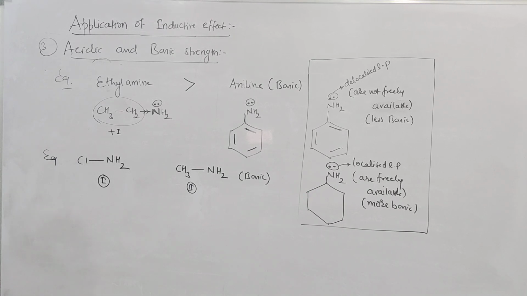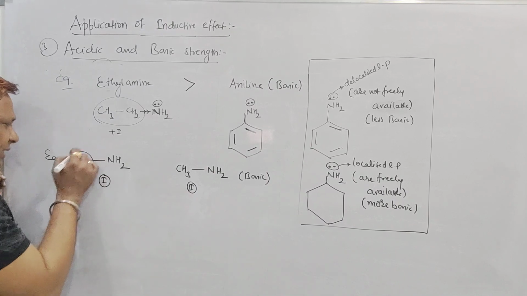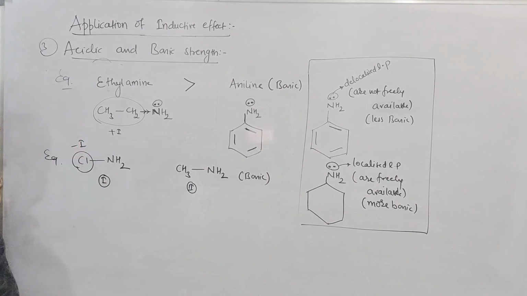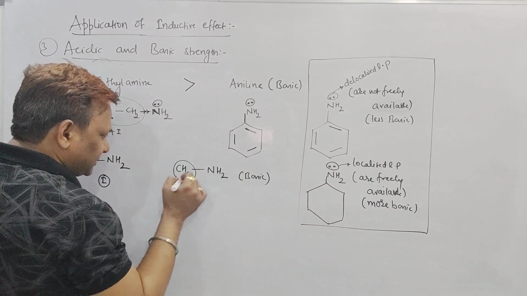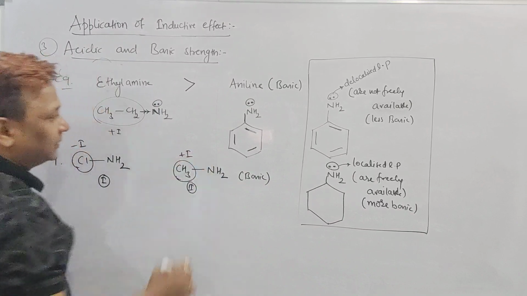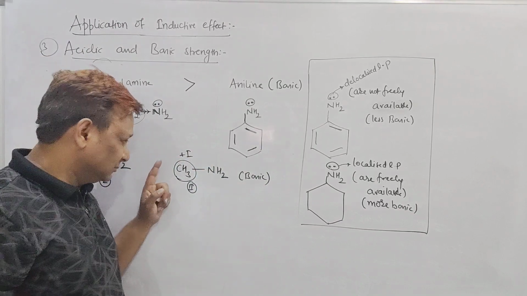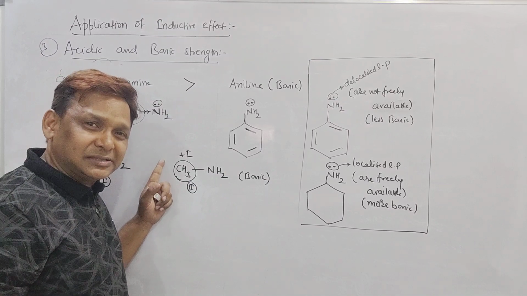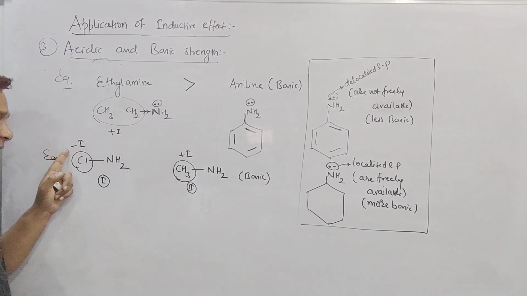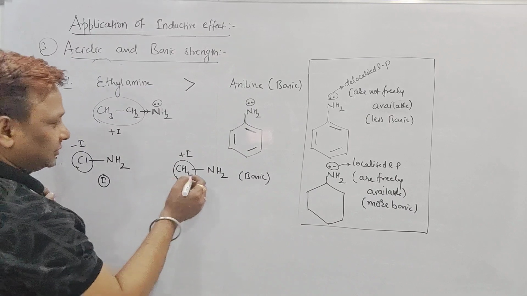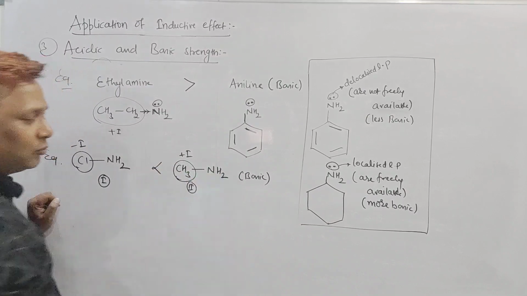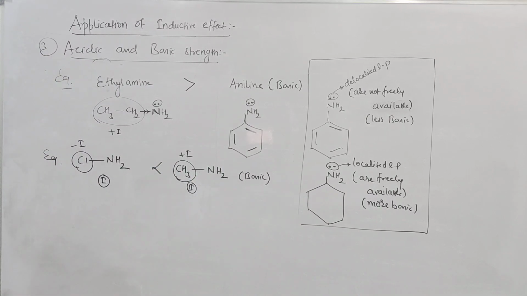Is it clear? I'll tell you the answer. Sir, because of the Cl it will have a minus I group. Because of CH3 it will have a plus I group. Just now we saw plus I group increases the basic strength, minus I group decreases the basic strength. So the second compound becomes more basic than the first one, right?